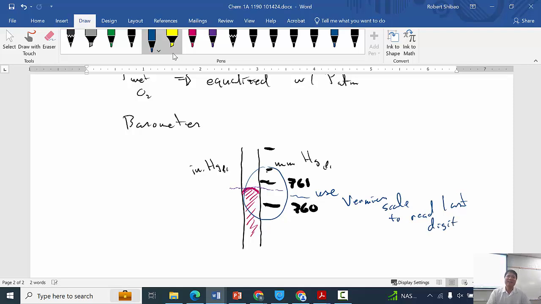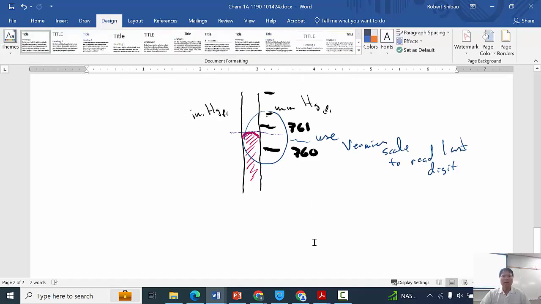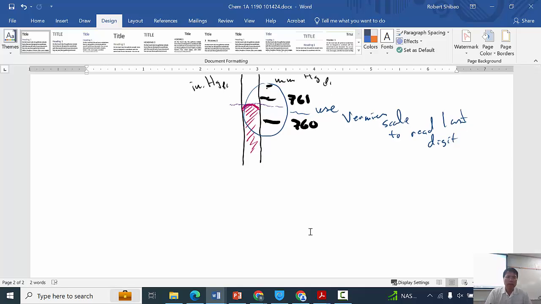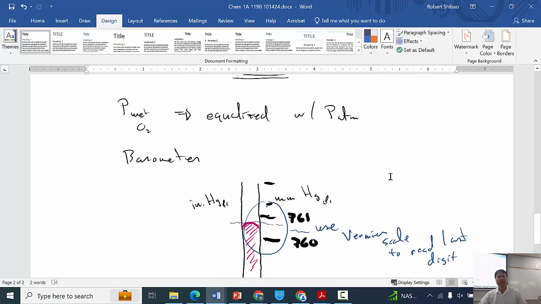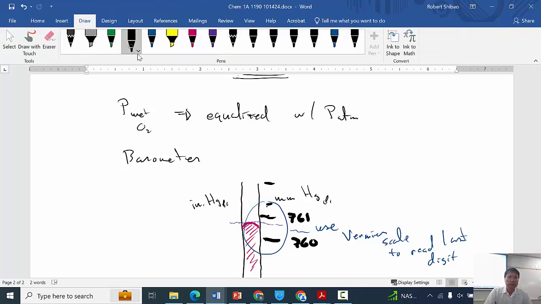The vernier scale is located on the barometer directly in front of the tube. Let's do it over here.